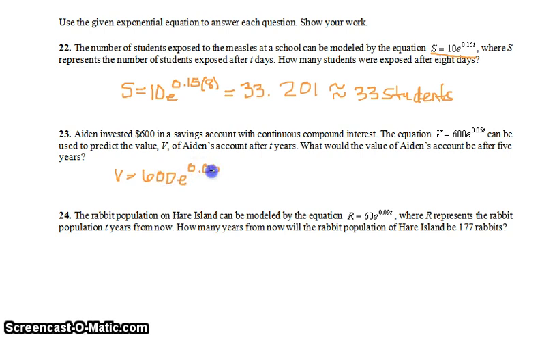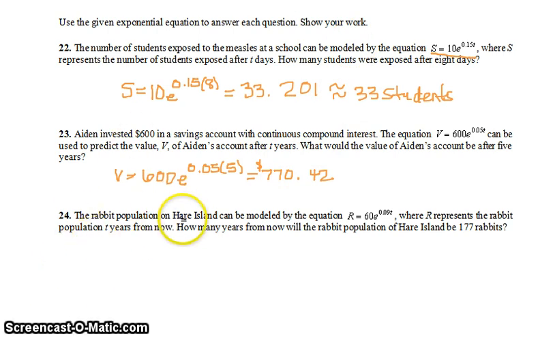He must be getting 5% interest, and we're just plugging in 5 years and then plugging that into our calculator. So 600e to the 0.05 times 5, and it turns out that after 5 years with 5% interest, he would have $770 and looks like about 42 cents. I'm rounding up and assuming that Aiden will get that. So just reading the question and filling in the blanks.